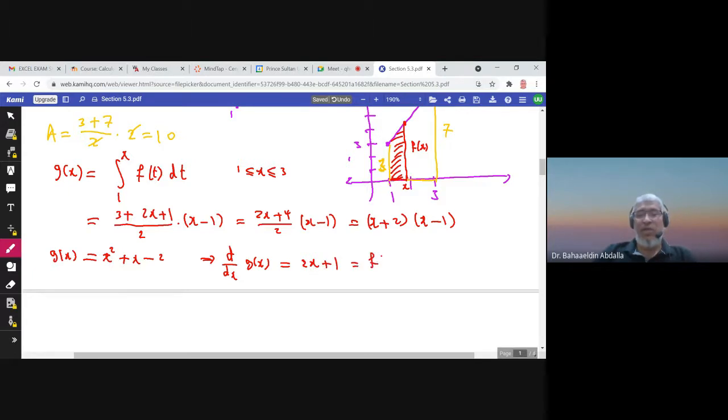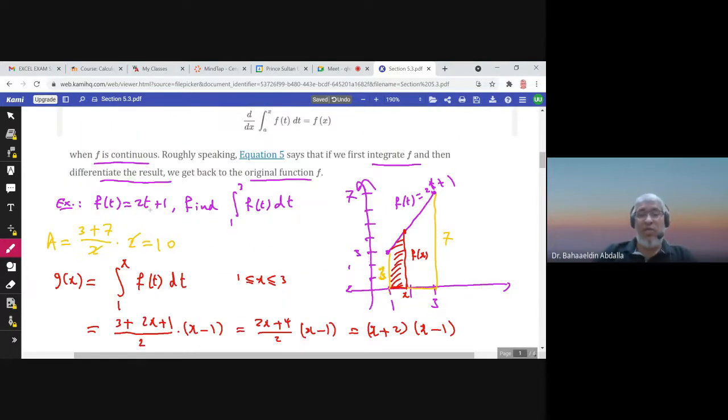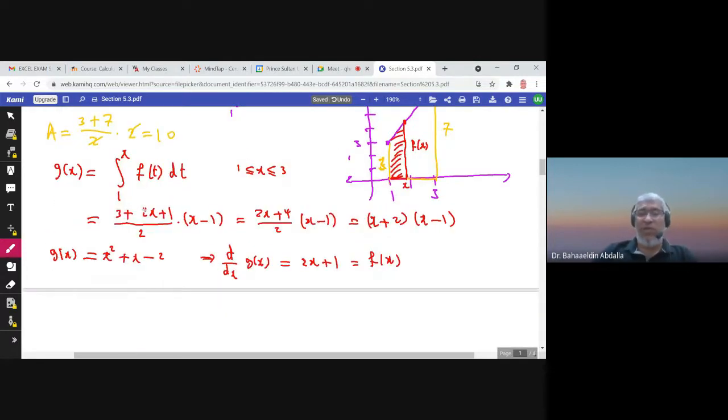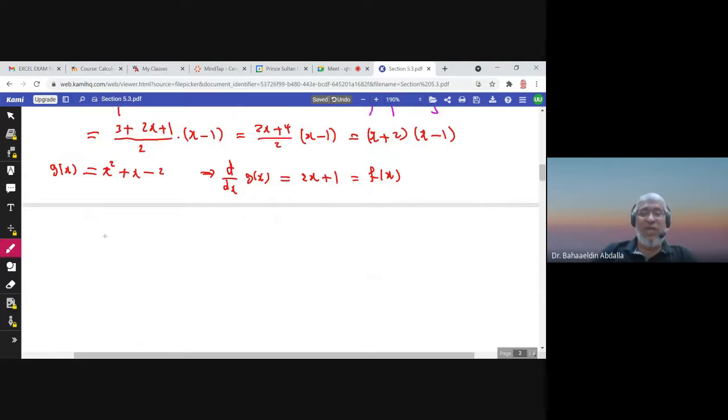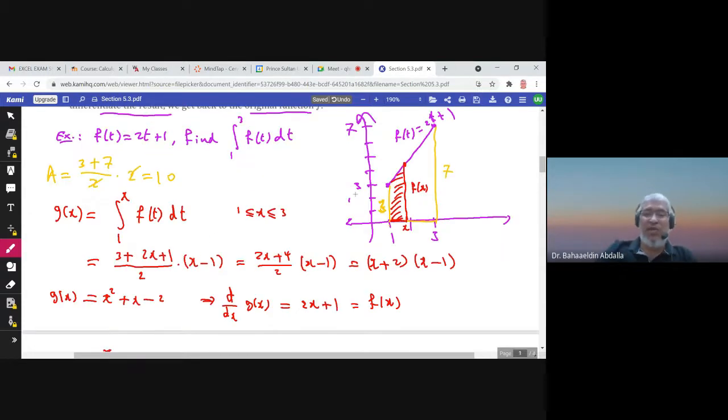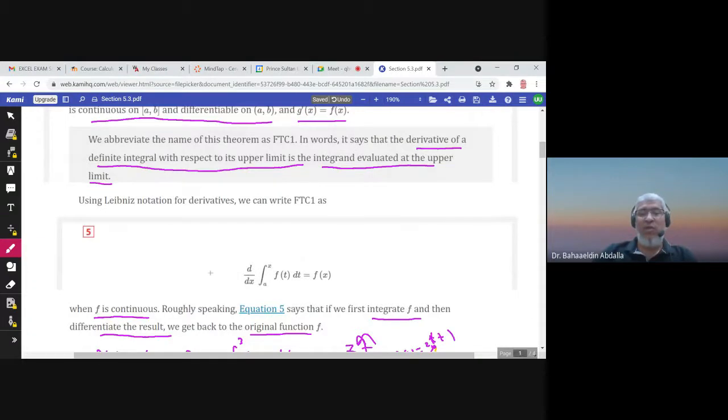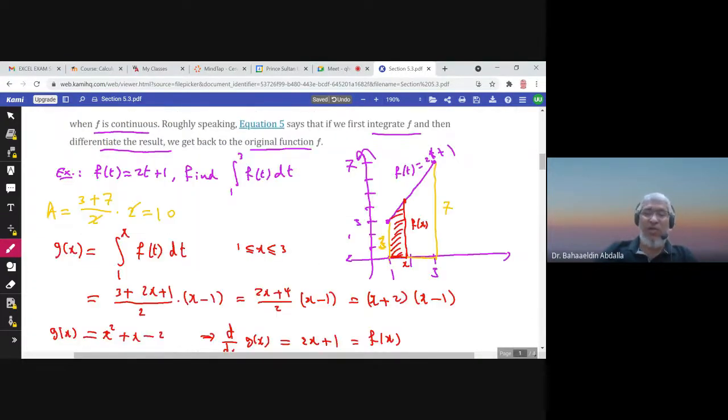This is f of x, because f of t is 2t plus 1. So f of x is 2x plus 1. So we have seen here an example of this fact, that the derivative of the integral of f of t dt from 1 to x is f of x.